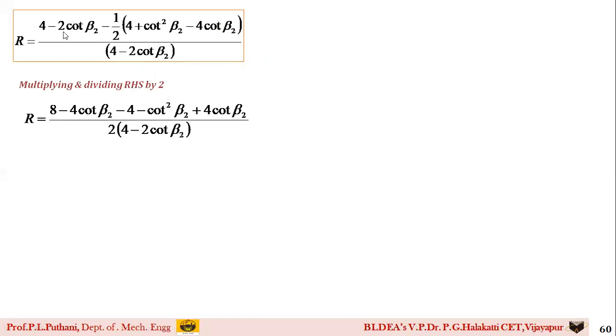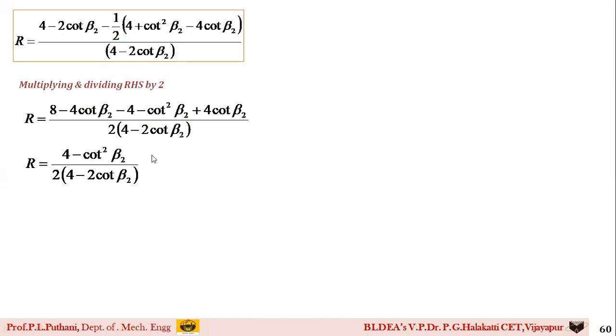Opening the brackets, it becomes minus 4 minus cot square beta 2 plus 4 cot beta 2, with the denominator kept the same. Now, minus 4 cot beta 2 plus 4 cot beta 2 gets cancelled. 8 minus 4, 4 is remaining, which means in the numerator I get 4 minus cot square beta 2, divided by 2 times (4 minus 2 cot beta 2).